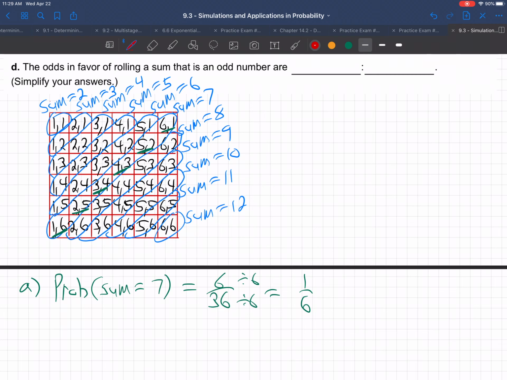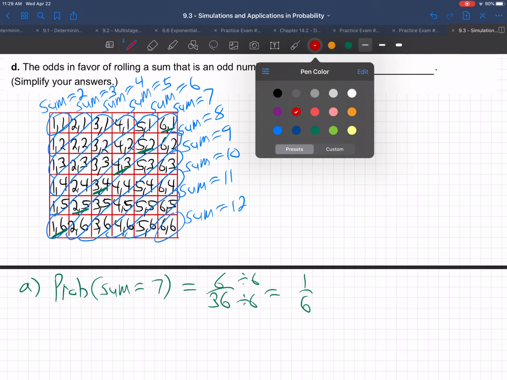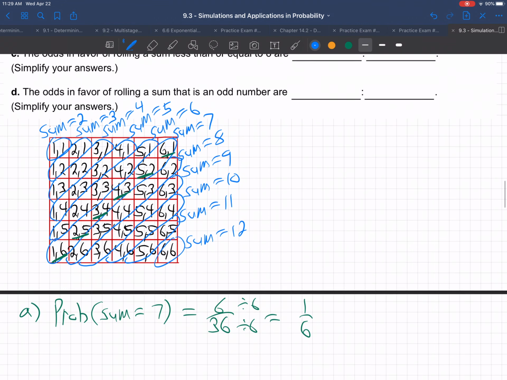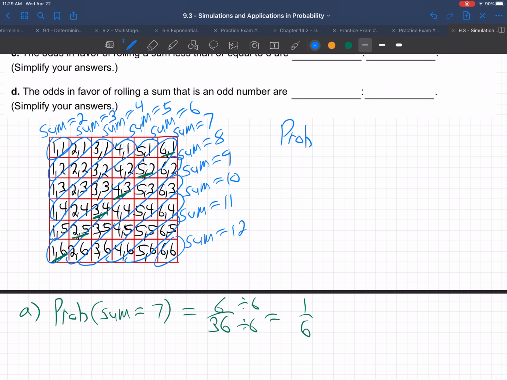So let me write that out for you and make that really clear for you. So, in fact, I think I'll just do it right over here. So probability is the number for whatever you want over the total.